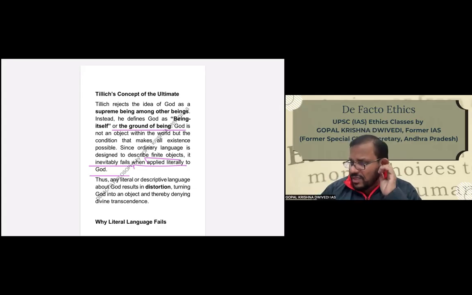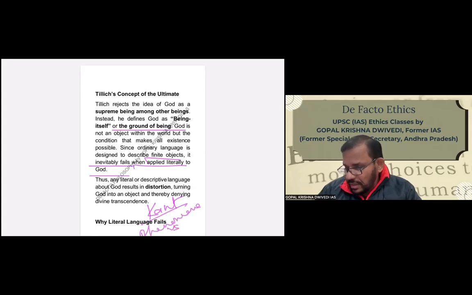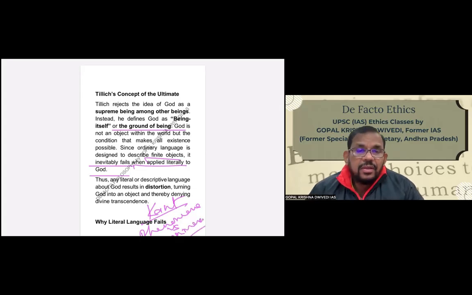And this is what was told by Kant also, if you remember, because he has given the theory of phenomena versus noumena. Thus any literal or descriptive language about God results in distortion, turning God into an object and thereby denying divine transcendence.